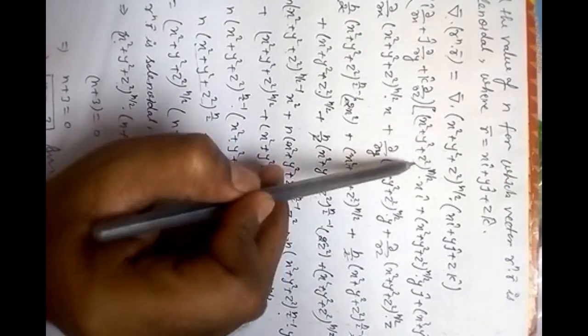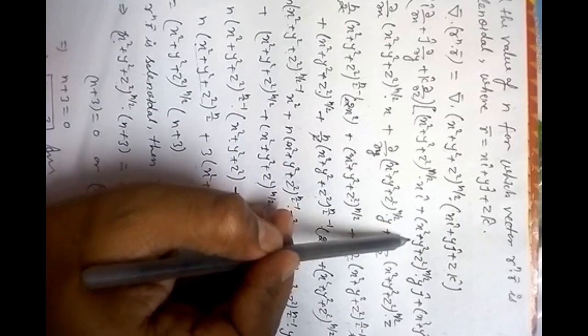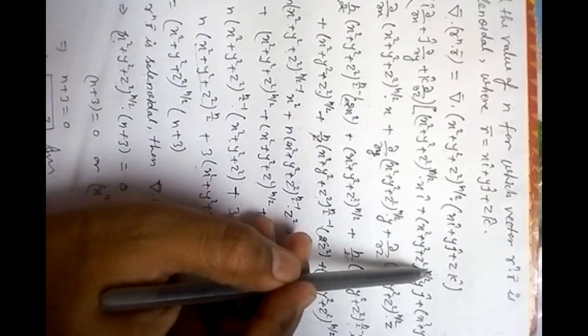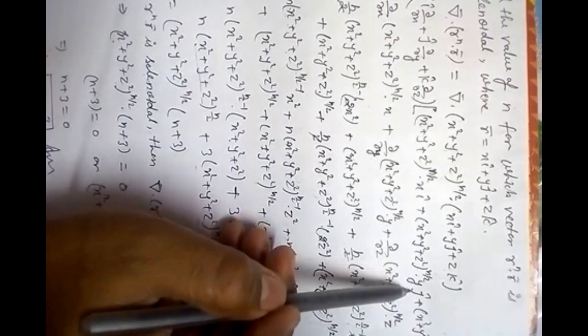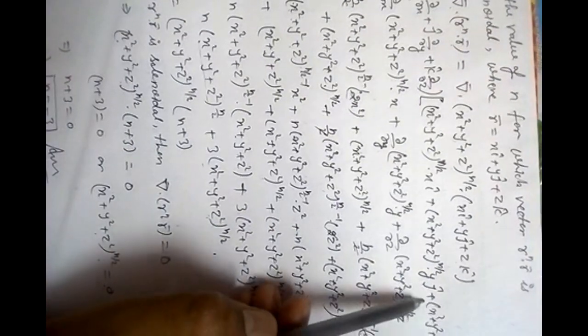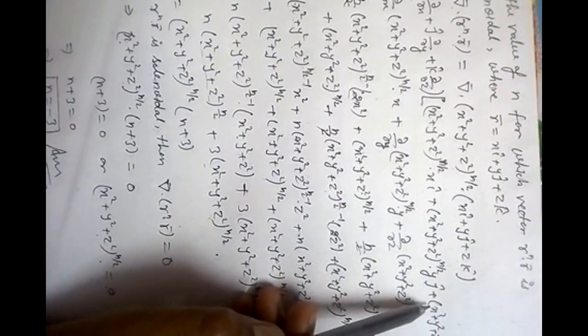Then we get (x² + y² + z²)^(n/2) xi plus (x² + y² + z²)^(n/2) yj plus (x² + y² + z²)^(n/2) zk.